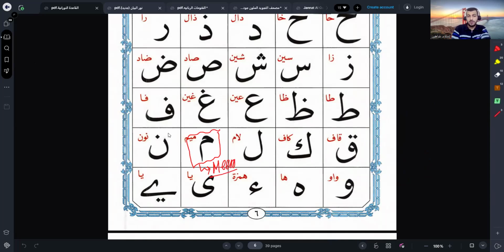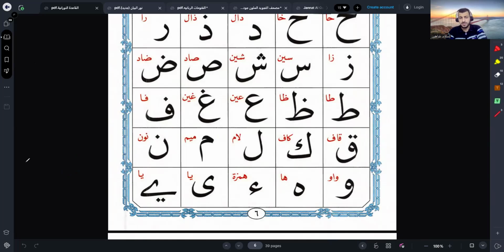After Meem, we have Noon, which is an N sound. Noon is one of the sisters of the ba, by the way: when it comes in the middle or the beginning of the word it is the same shape, and the difference is the position of the dot.